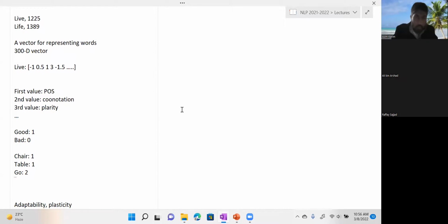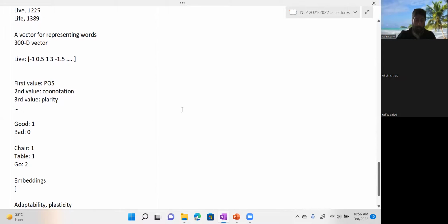Okay? So if you think of words as vectors, then these are also sometimes called embeddings. So you might have heard about the name embedding. The word embedding basically comes from the idea that if you have anything represented by features, let's say we have a 2D feature, 1 and 2, you can plot this point in 2D space.